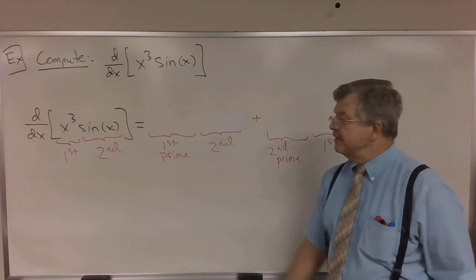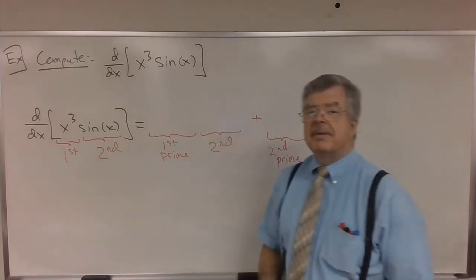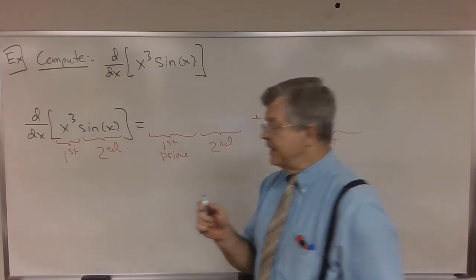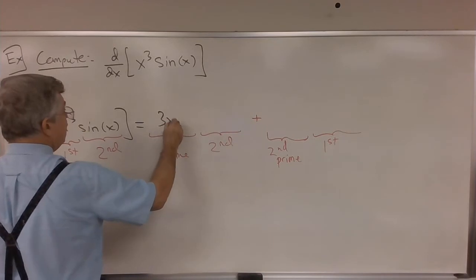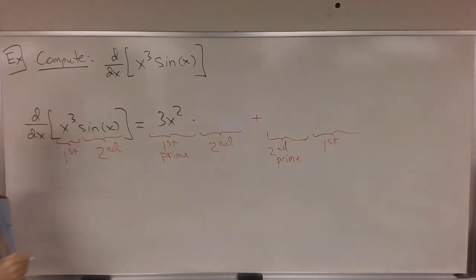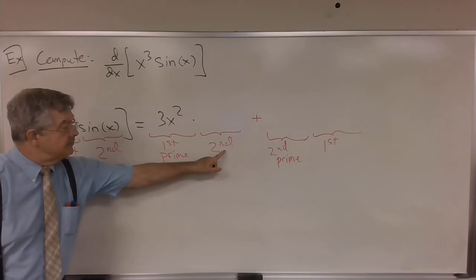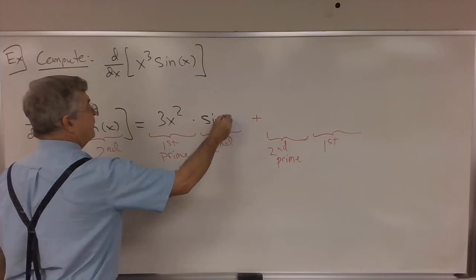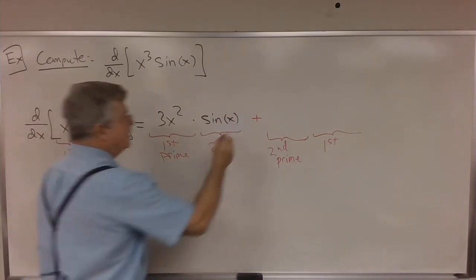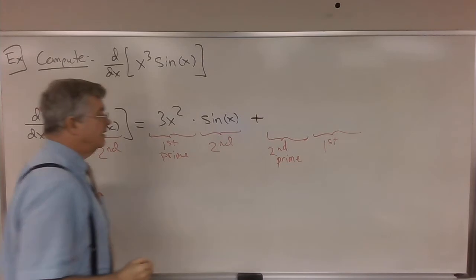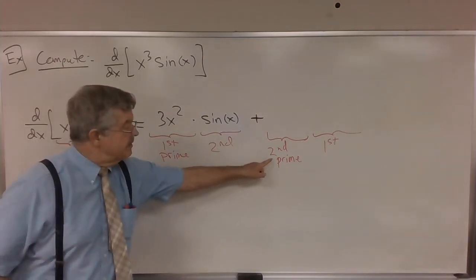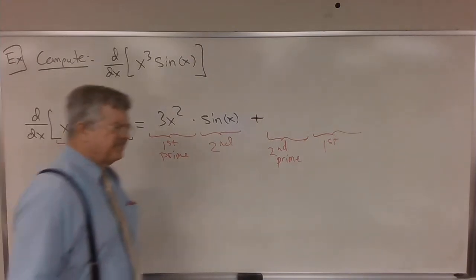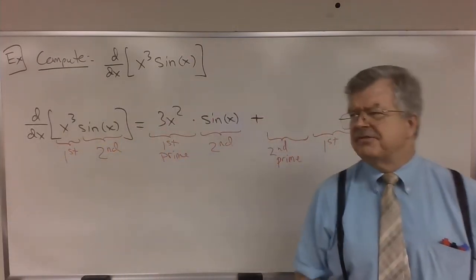First prime, the derivative of x cubed. The power rule tells me that I should get what? 3x squared times the second function verbatim, so sine x, plus second prime, the derivative of the second function. What's the derivative of sine of x?